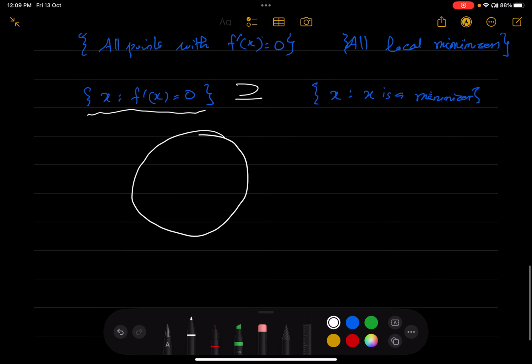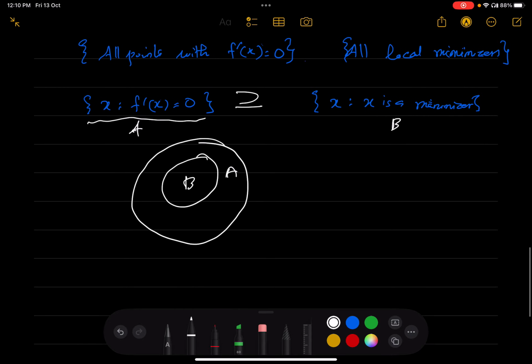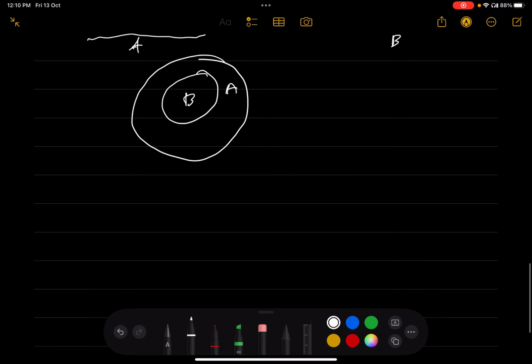So if we take this as set A and set B, there is a possibility that both could be equal, depending on the function, but it is not always equal. So that's what the necessary condition gives.